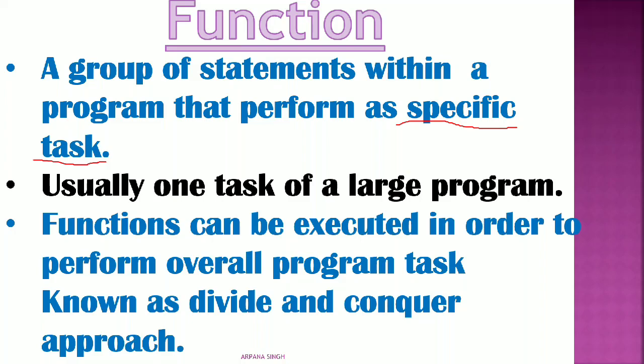So, in the real world also, if you have any task that is too big, what do you do? You divide that task into smaller subtasks and then you do them one by one. So this is known as the divide and conquer approach, which is also followed in programming.